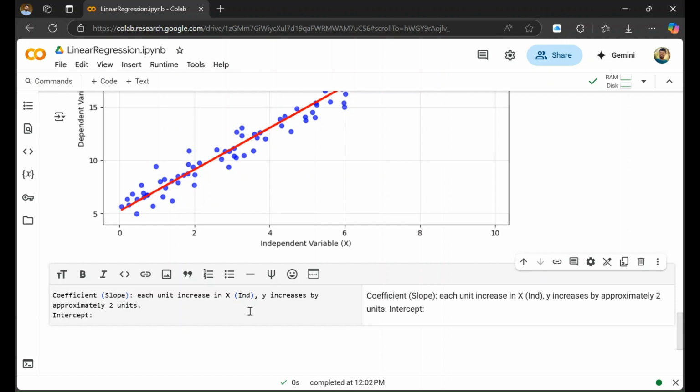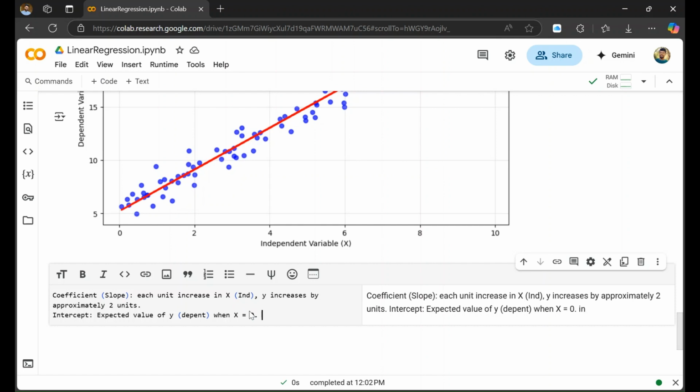Next, the intercept. This is the expected value of y, the dependent variable, when x is equal to 0.